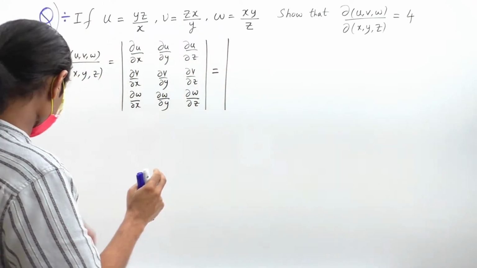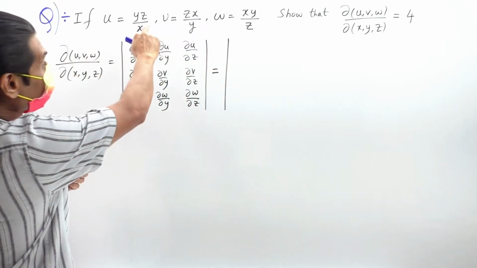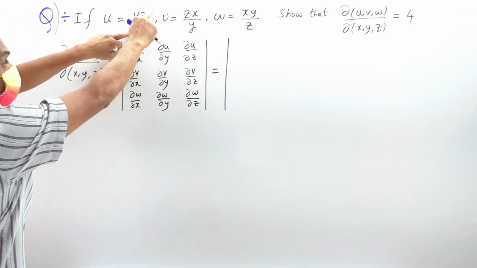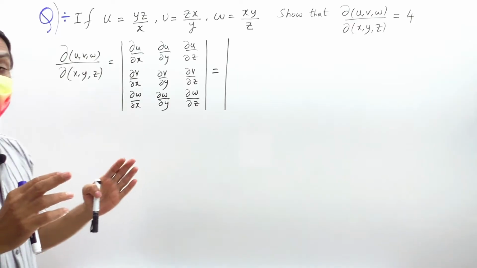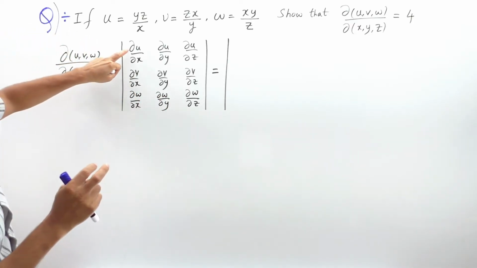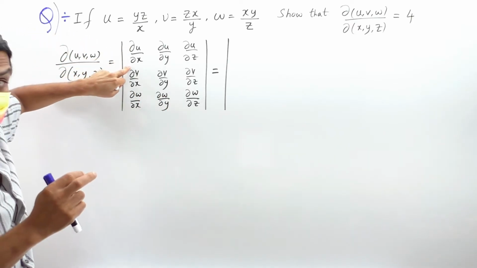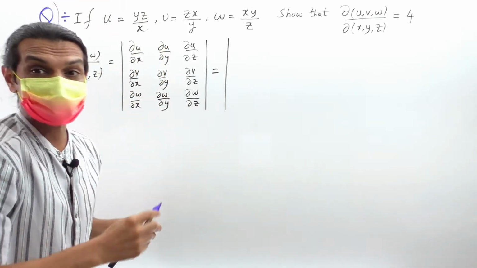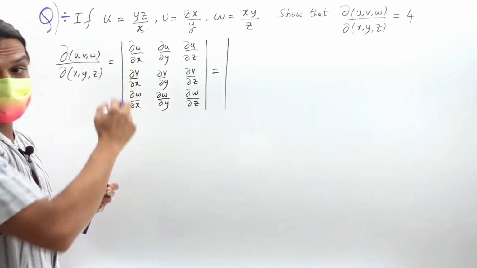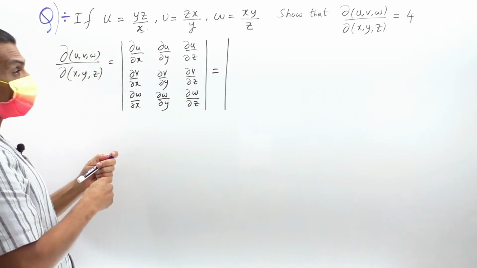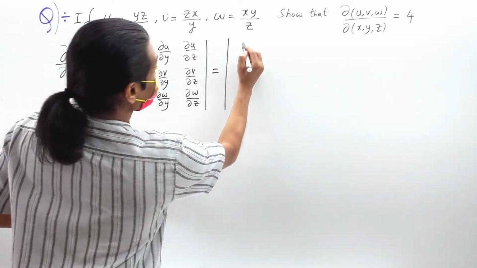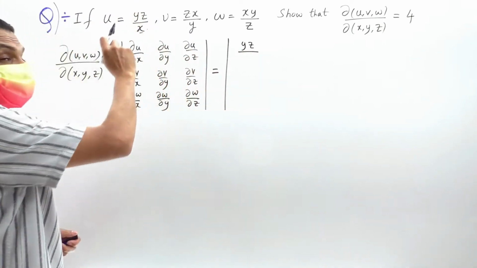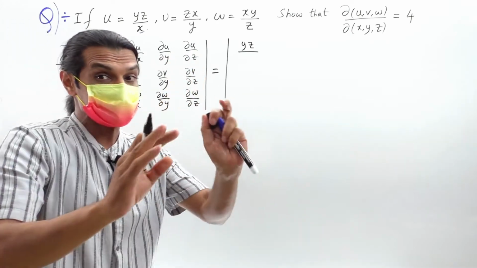Okay. Now see, dou u by dou x. We have u is equal to yz by x. Here we are partially differentiating u with respect to x. X is down here. So yz will be as it is upon x.